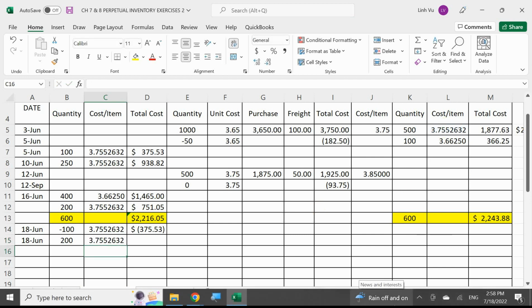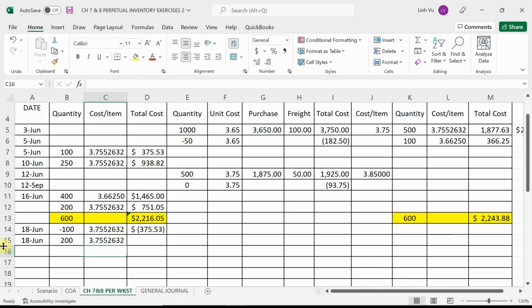So if I'm looking at my 500 batch, which is basically my only batch of inventory I have left for my regular cups, how much? For 200, I have 751.05. Okay? Which is exactly what we sold up here, right?